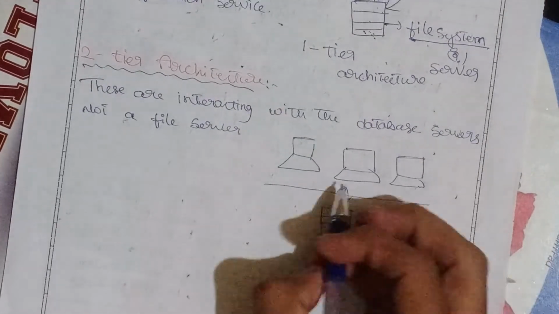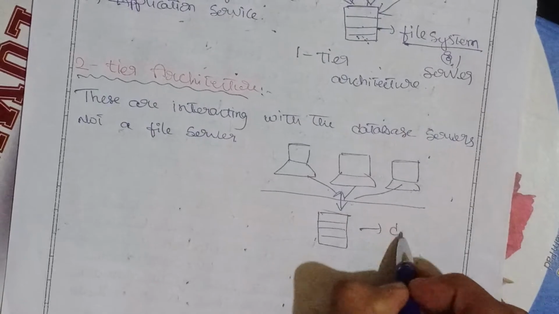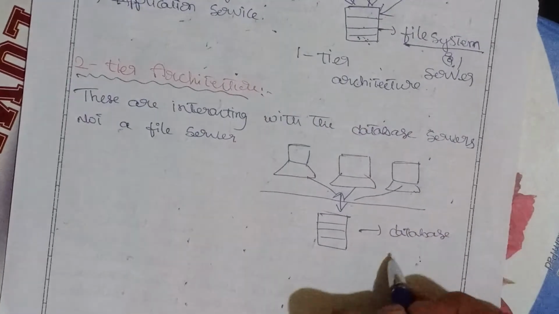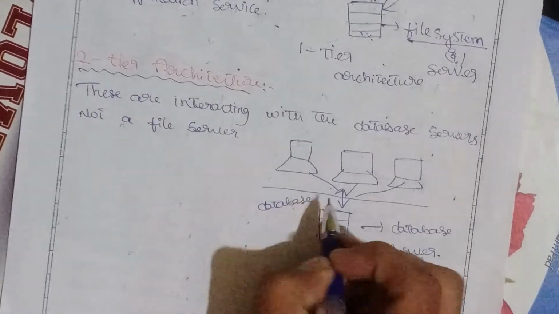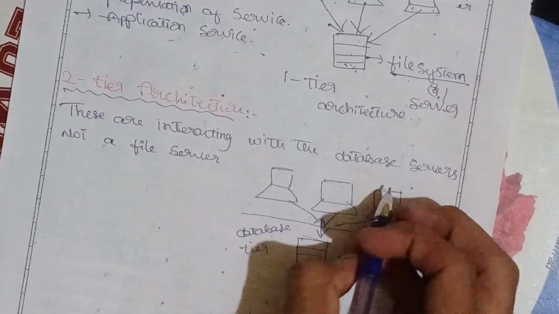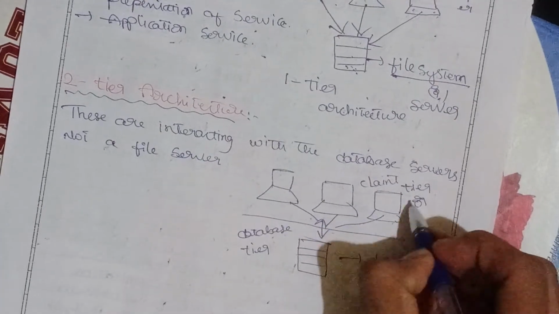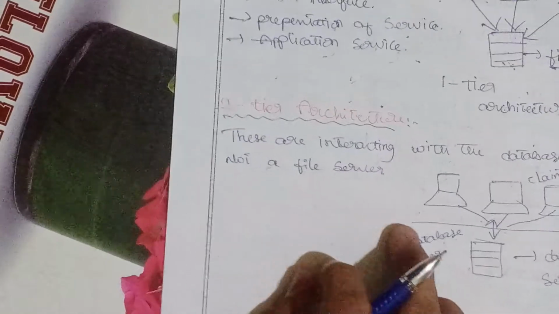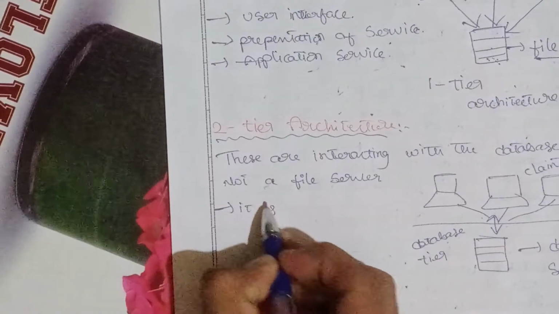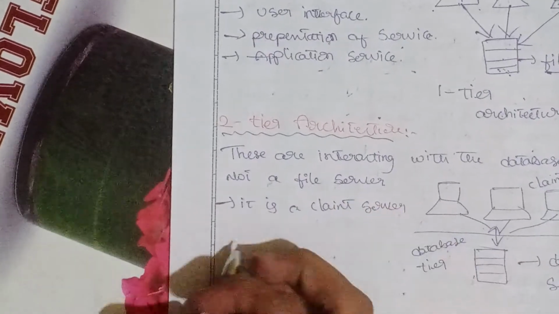One client computer is interacting with only one database server. This is also called the database tier, and this is called the client tier or system. It is a client server architecture.